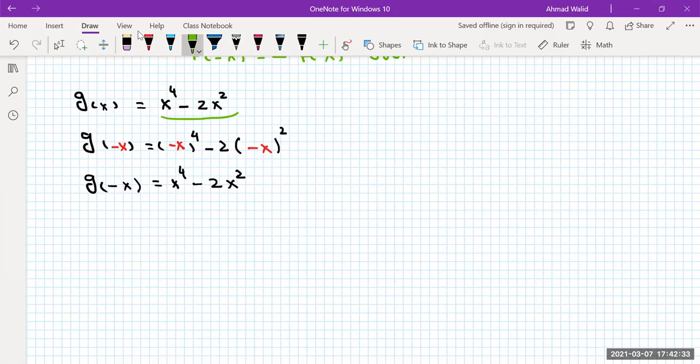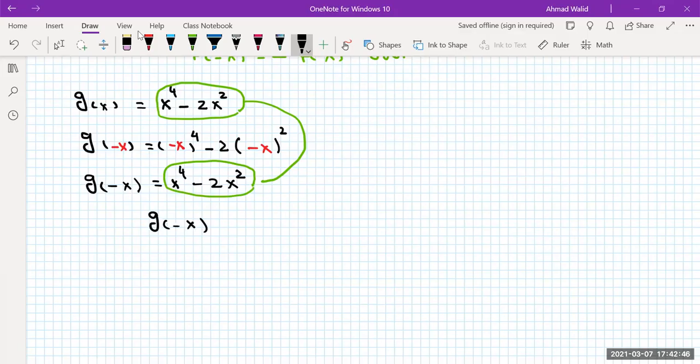Compare the right side of the given function with the right side of the resulting. They are the same, right? Then because g of negative x is actually equal to g of x, I can say my function is what? Even. Correct?